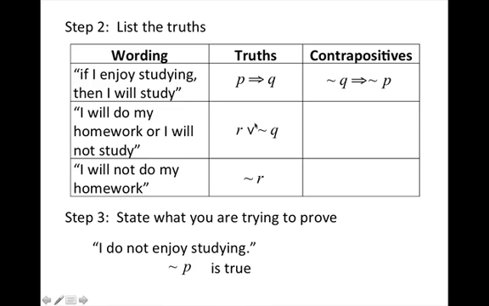So in order to prove not Q is true, I need to prove that R is false. Well, I was told that not R is true, so I can use that to prove that R is false. So the order of this proof is almost going to be exactly like the order of the last one.